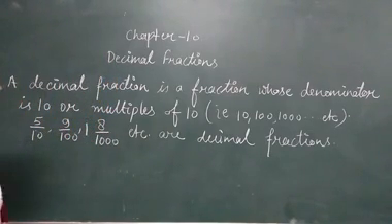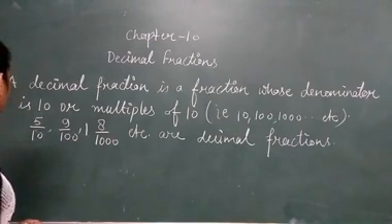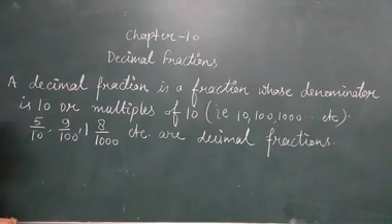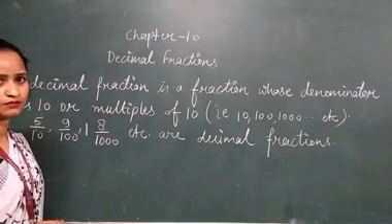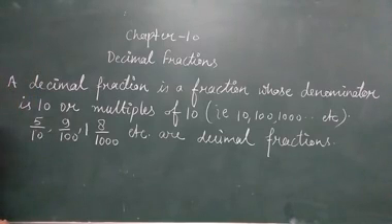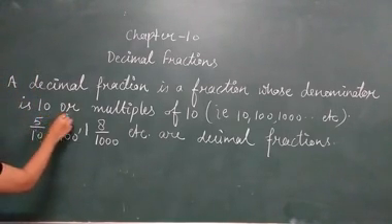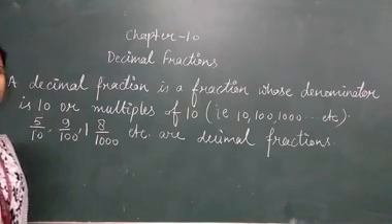A decimal fraction is a fraction whose denominator is 10 or multiples of 10. I repeat, a decimal fraction is a fraction whose denominator is 10 or multiples of 10.